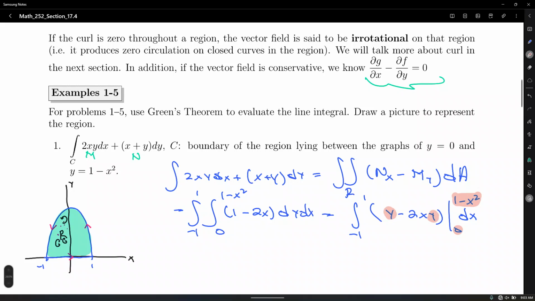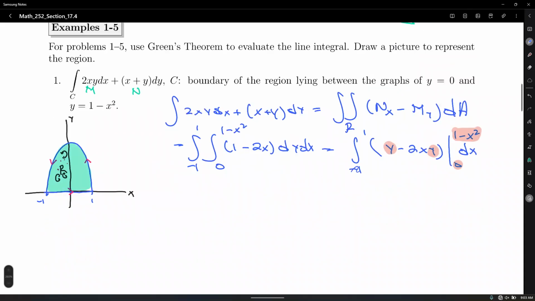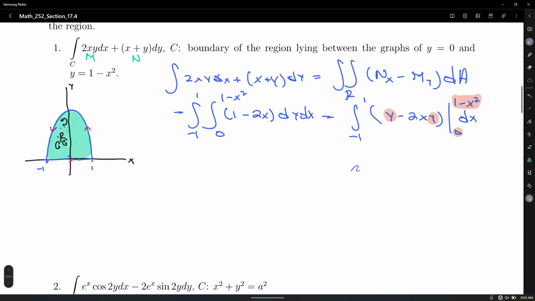With many variables at the same time, we'd better be careful. So that means the integral from -1 to 1 of the upper limit 1 minus x squared, minus 2x times 1 minus x squared. Evaluating at the lower limit of 0 gives all zeros, so you don't have to write it.